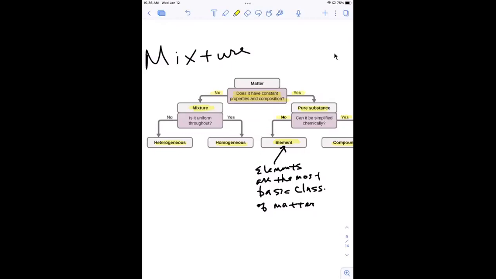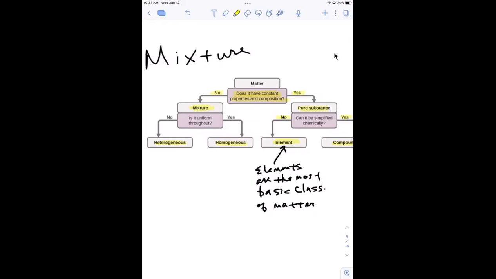But the point is they serve this pesto, olive oil, salt and pepper mixture, but it's heterogeneous. It's not all together, like the pesto and the salt and the pepper. You can see it in the olive oil. So that's an example of something that's heterogeneous. We'll talk more about that. But so matter can be either a mixture or a pure substance.